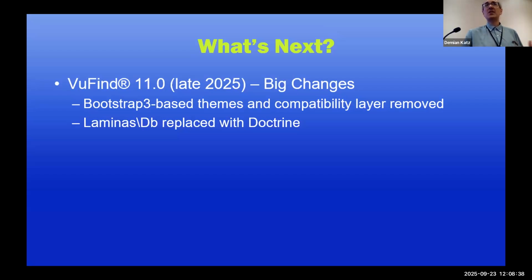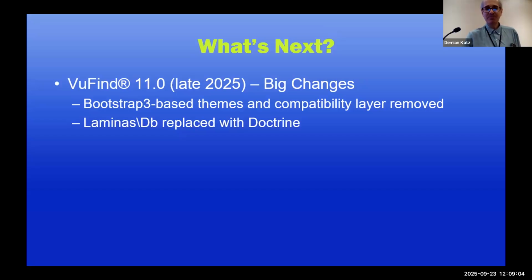And again, because of the transitional nature of release 10, we did most of our database refactoring there. So the changes in 11 are at the lowest level, defining the internals of the database services. So if you can get to VuFind 10, the upgrade to 11 should be fairly painless unless you've built custom database services, in which case you have to do a little bit of translation. But it's not that bad.